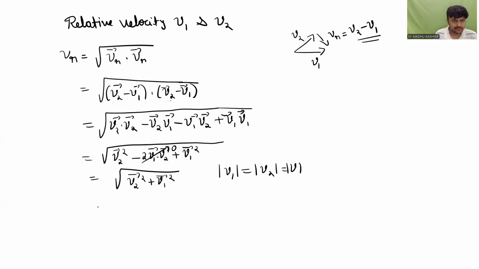So this will be equal to the square root of v squared plus v squared, nothing but root 2 v squared, or in another way, root 2 times v. This is your vr.